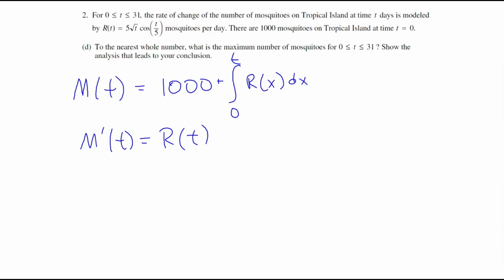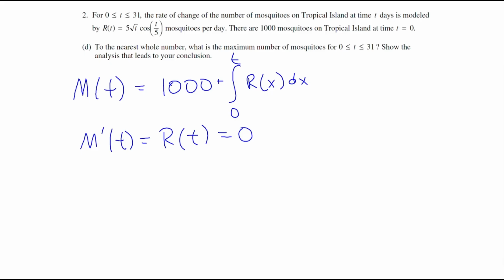So we want to know when r of t equals 0. Those are the locations at which we can have a maximum or a minimum, and then we'll figure out which one is actually the maximum.